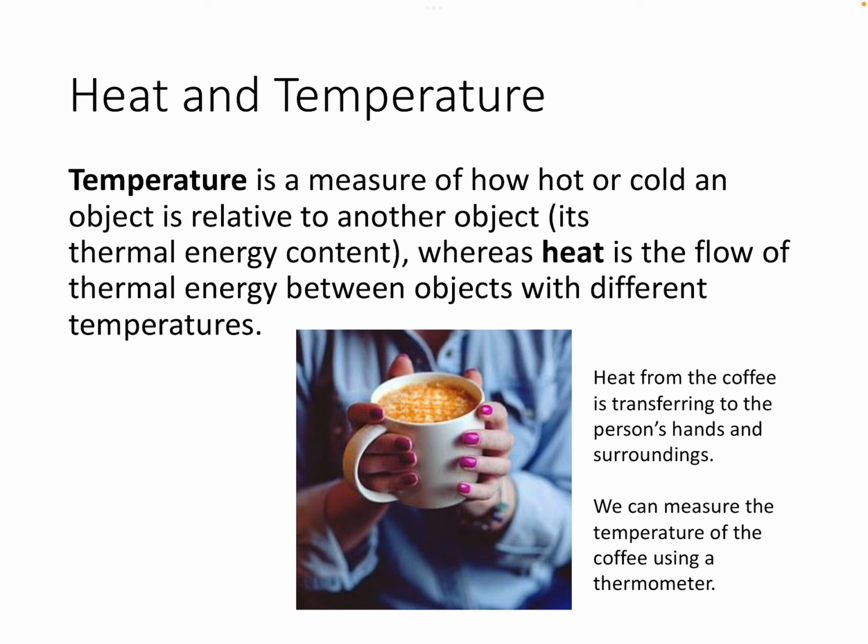So for example, down below I have someone holding a coffee cup, and heat from the coffee is transferring to the person's hands and surroundings. So that's going to be the flow of thermal energy from the coffee to the hands. And we can measure the temperature of the coffee using a thermometer. So that would be a measure of how hot the coffee is relative to another object.